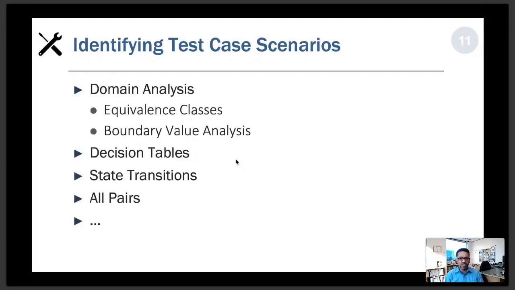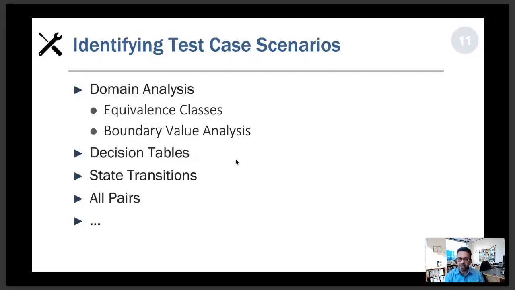Similar to decision tables are state transitions, when we have states that are affected by some event, and then you have to transition to a different state. If you want sufficient coverage of those state transitions, then you want to make sure you have a table so you can simulate all those scenarios.